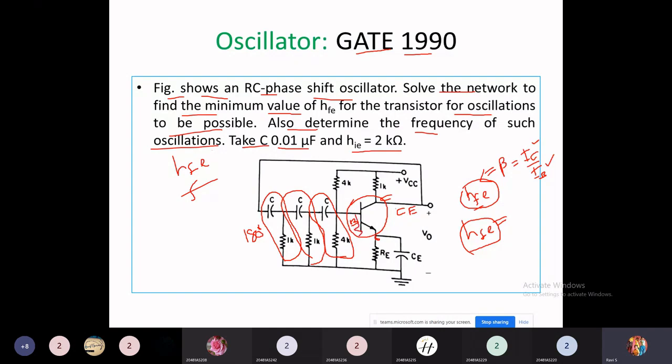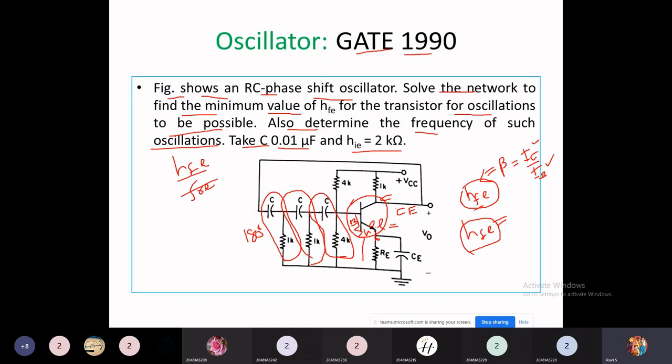HIE means input impedance under common emitter configuration for the transistor. If you replace the transistor by its H parameter model, its input impedance will be 2 kilo ohms. Is this clear? So these are the parameters given. From this, we need to find out HFE and frequency of oscillation.